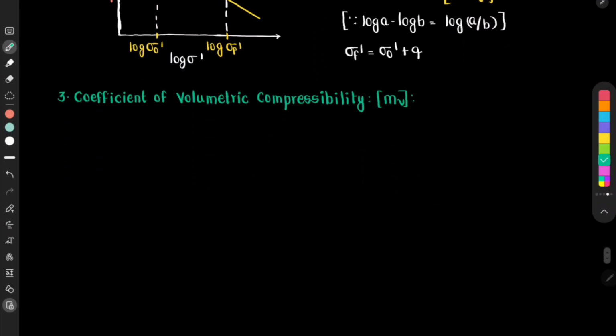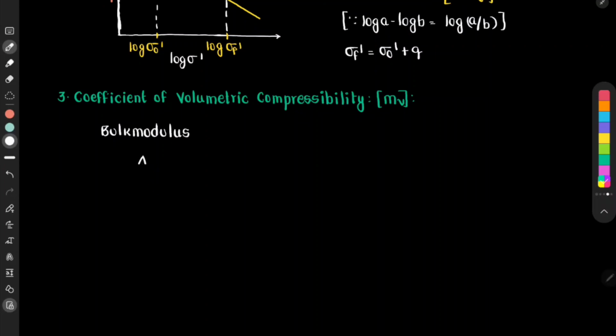You might already know this, but I hope you know what bulk modulus is. What is bulk modulus? When pressure is applied on any material or substance, it is going to compress, right? You can see a change in volume.